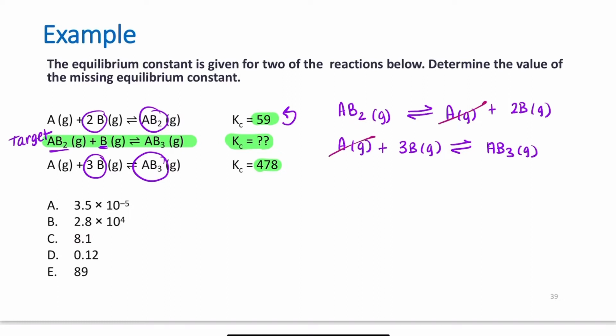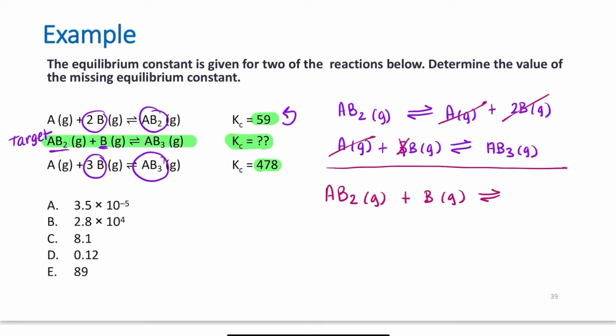My A's cancel out. My 2B cancels out with 2 of my B's here, leaving me 1 B behind. And I get AB2 gas plus B gas in equilibrium with AB3 gas. So that is correct. That's what I'm trying to find.